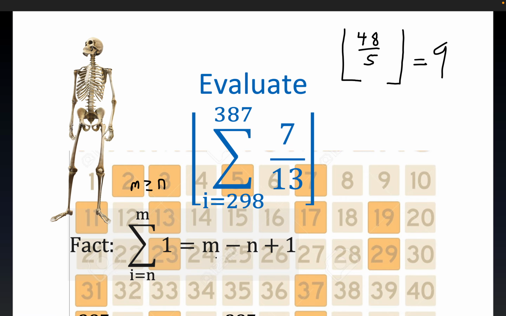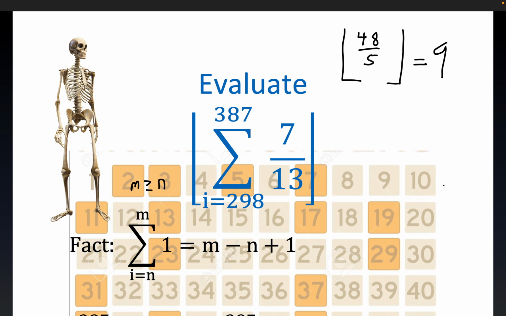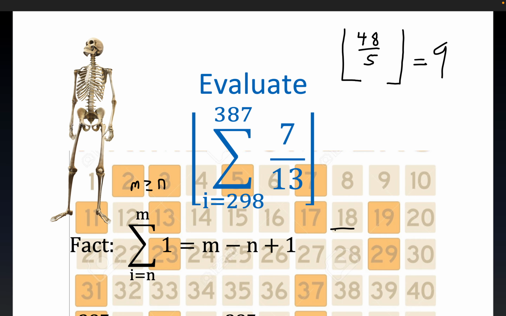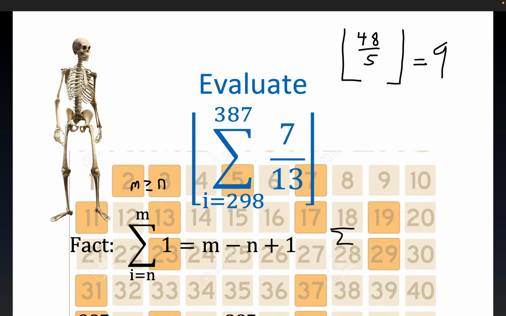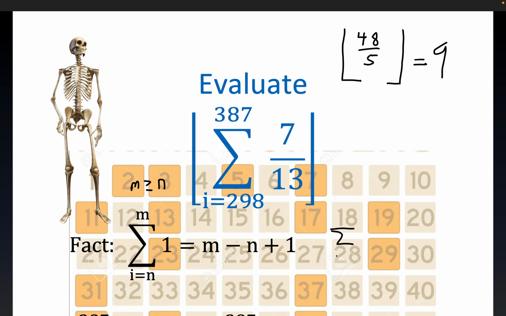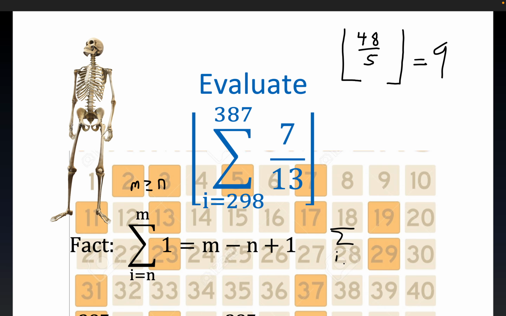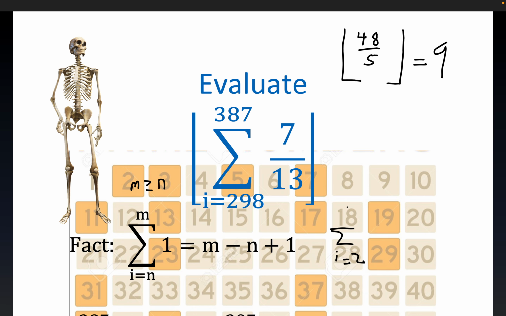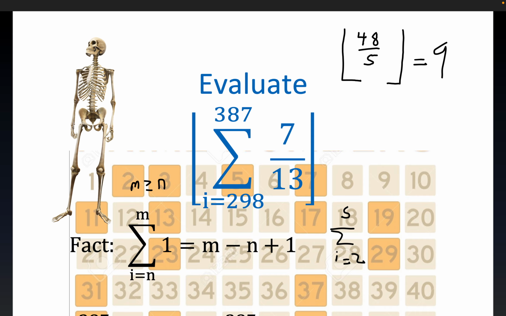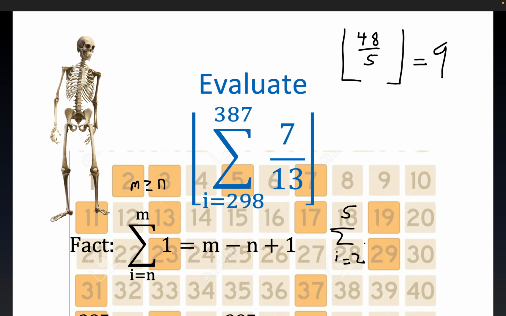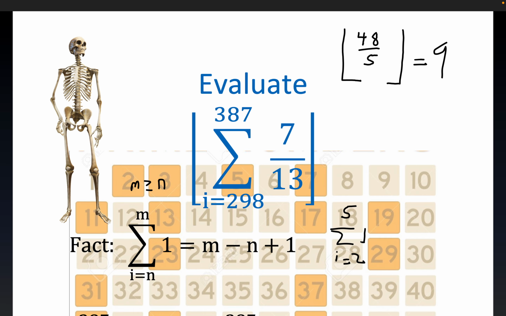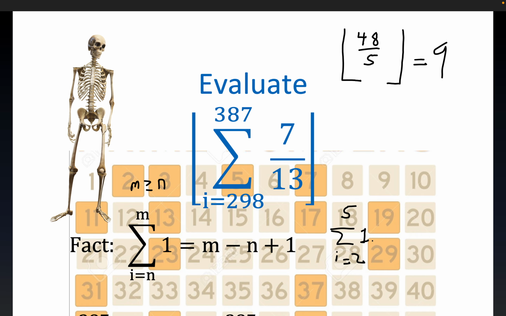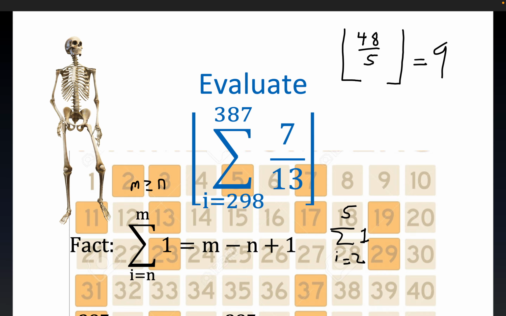Let's say we had the summation, i equals 2 to 5. Make sure you notice that this is a 1 here, and it has no dependency on the i, but that doesn't keep the summation from running.